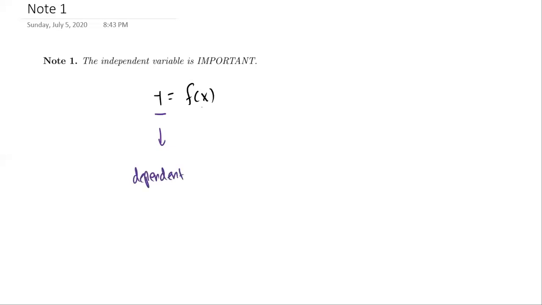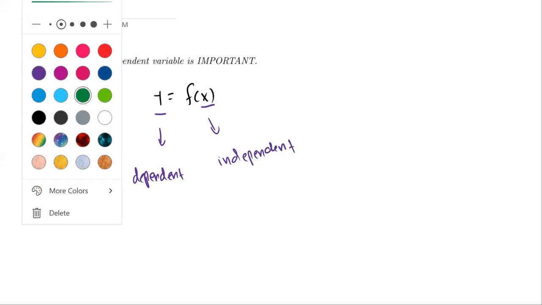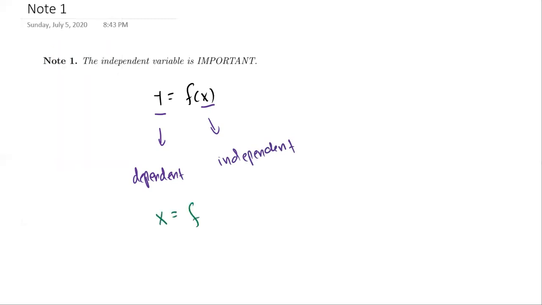And the independent variable is x. In this case, the names might change. For example, we could have x as a function of t. The names changed, but you should still be able to identify that now x is the dependent variable because it depends on t, and t is the independent variable.